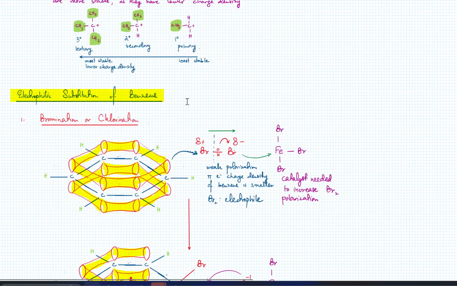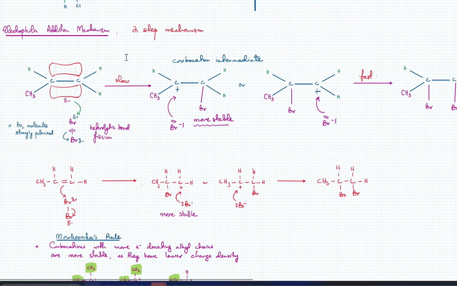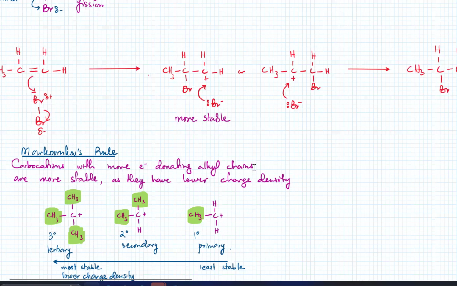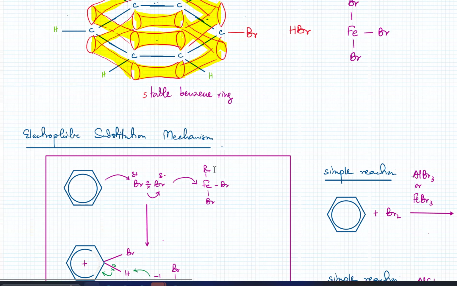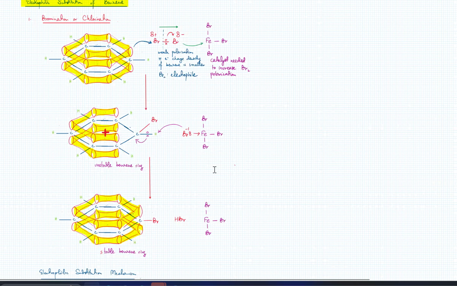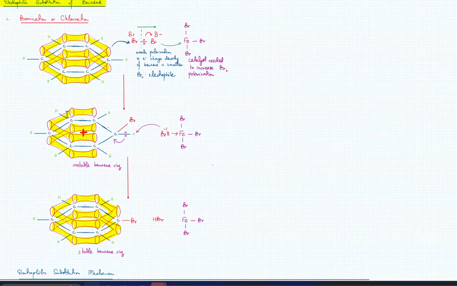I did explain somewhere over here that, remember over here in alkenes you had electrophilic addition. Why did you have electrophilic addition? Because when there was a positive charge on the carbon, that positive charge had a pretty high charge density. So it very strongly attracted the Br minus one, and therefore you had an addition reaction. Is that clear? But in benzene, what happens? Again, you have a positive charge on the whole benzene ring, right?